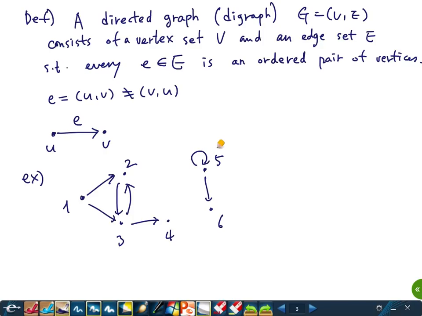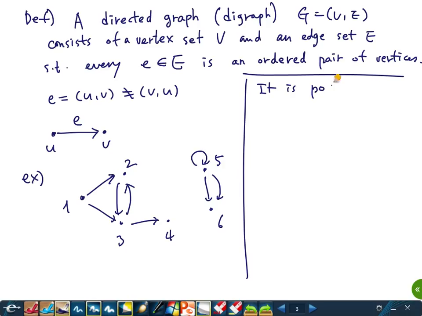So maybe we may have something like that, or even the same edges, multiple edges, or parallel edges. It is possible. So let me write this over here: we allow loops and parallel edges.